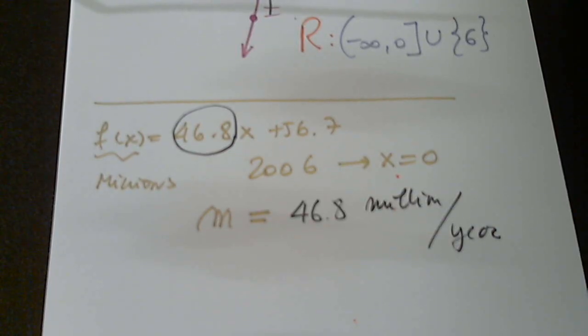Okay. If two non-vertical lines are parallel, then they have the same slope. Yes, of course.